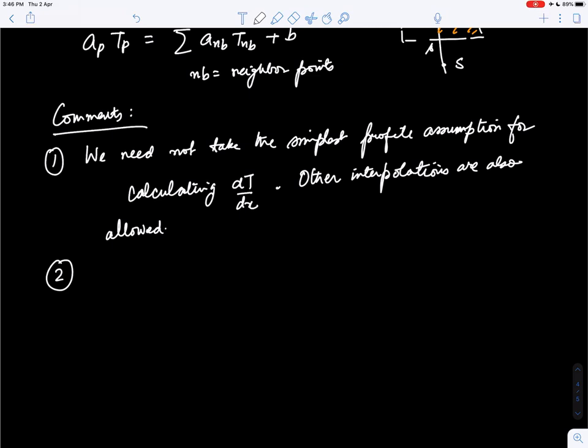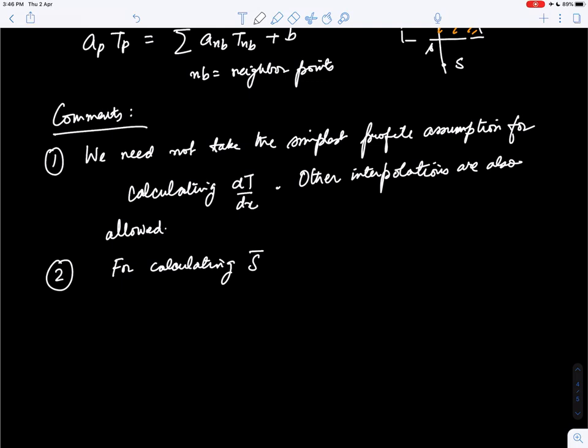The other part is that we need not use the same profile. So we use the linear profile for calculating temperature gradient dT/dx, but we need not use the same profile for calculating other variables. For instance, for calculating the average value S bar, S could depend on temperature itself. It could be a non-linear function of temperature, or it could be a constant.